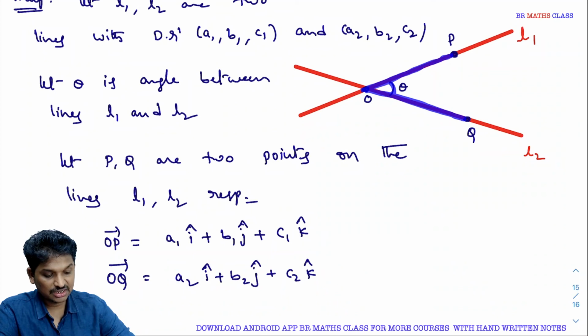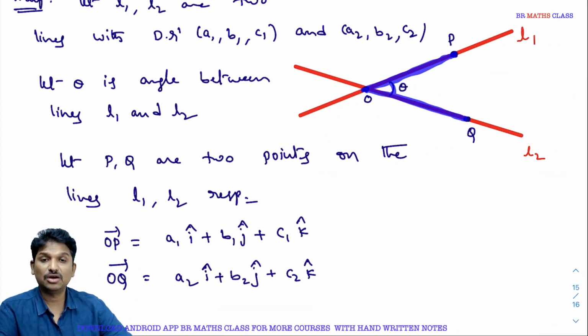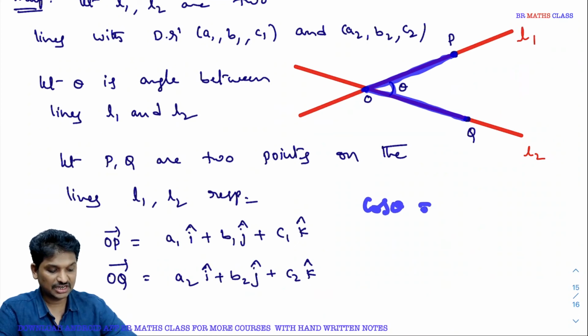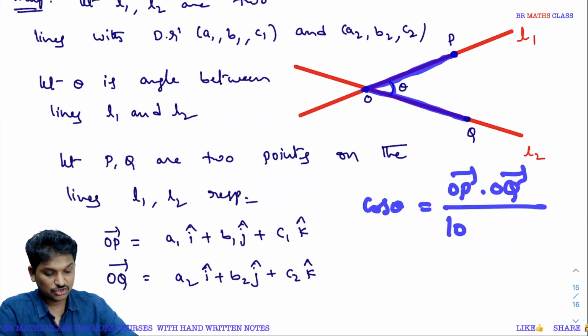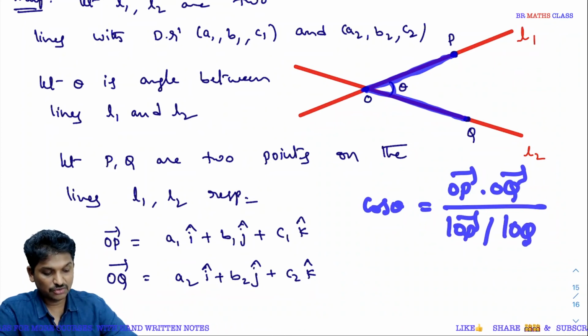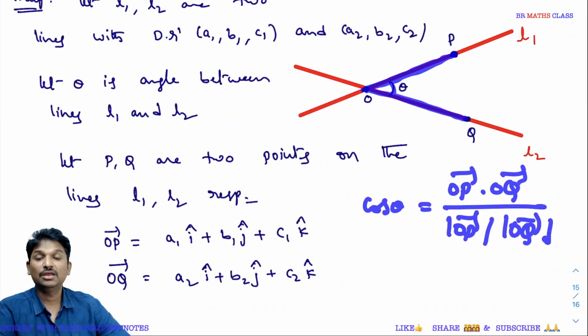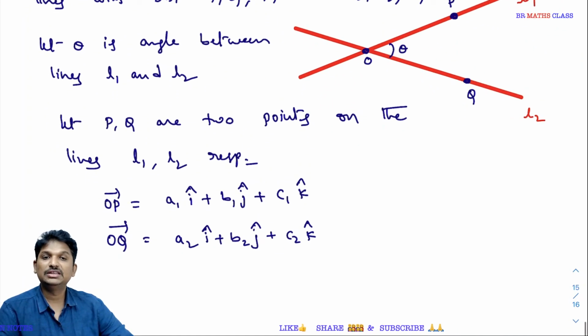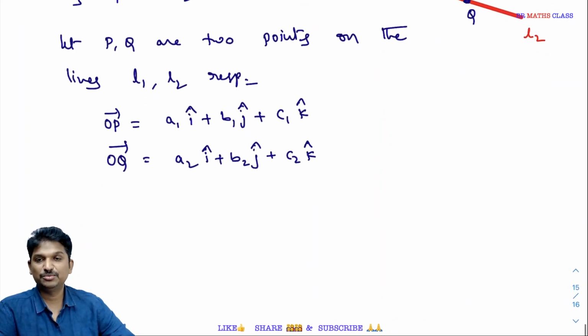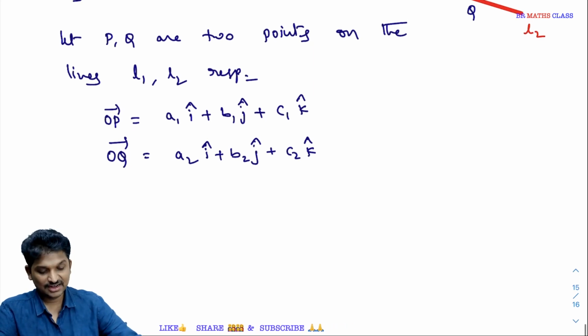In dot product, if theta is the angle between the vectors OP bar and OQ bar, what is the cos theta formula? Cos theta equal to OP bar dot OQ bar divided by magnitude of OP bar into magnitude of OQ bar. That's why I said in the beginning of this chapter, if you want to learn 3D geometry, you must be good in the vector algebra chapter.